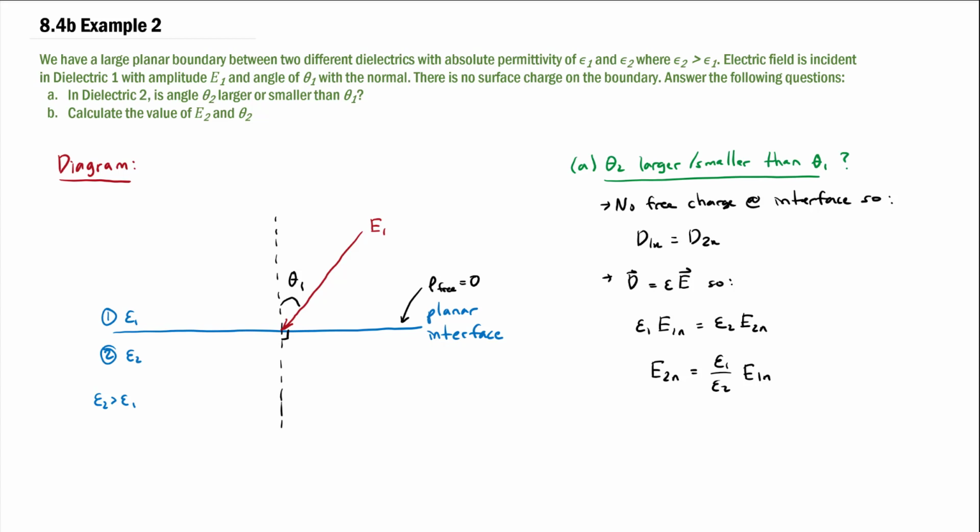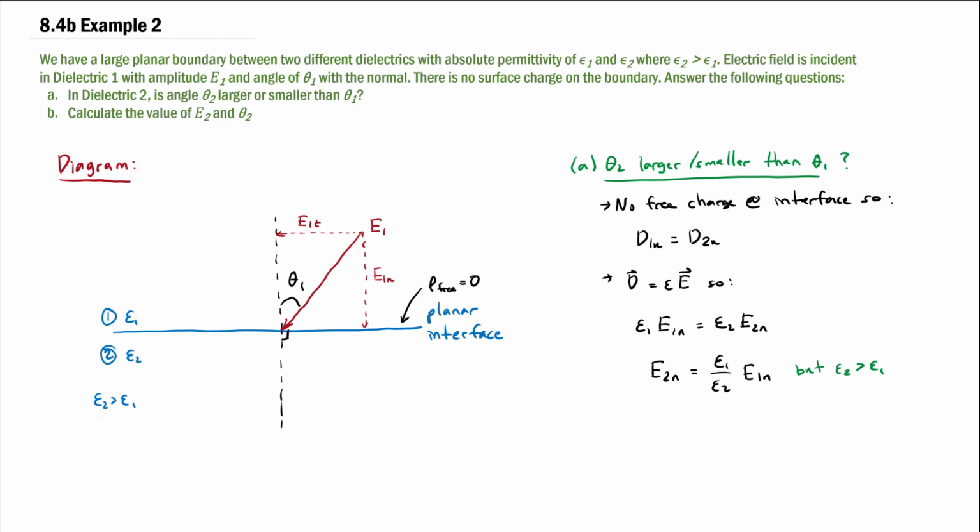So what is E1n and E2n? Why don't we draw these out? For E1, this would be E1n, and this would be E1t. So looking at this comparison, E2n is equal to epsilon 1 over epsilon 2, some sort of ratio of E1n. We're given that epsilon 2 is greater than epsilon 1.